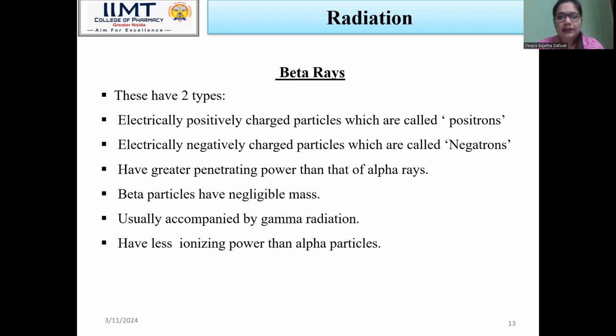Alpha rays have less penetrating power and beta rays have more penetrating power as compared to alpha rays. Beta particles have negligible mass, are usually accompanied by gamma radiations, and have less ionizing power than alpha particles. Alpha particles have less penetrating power but more ionizing power as compared to beta rays.